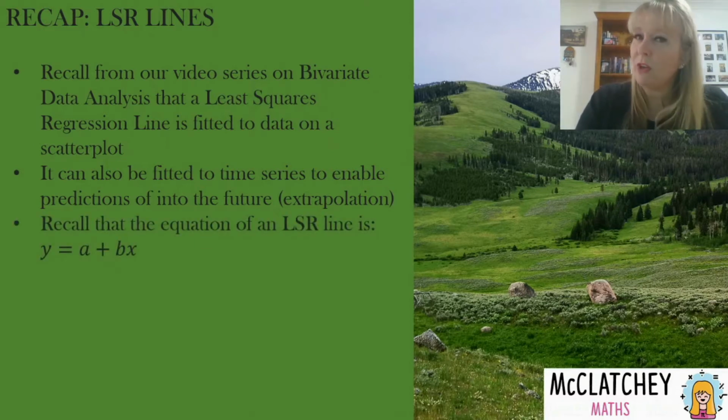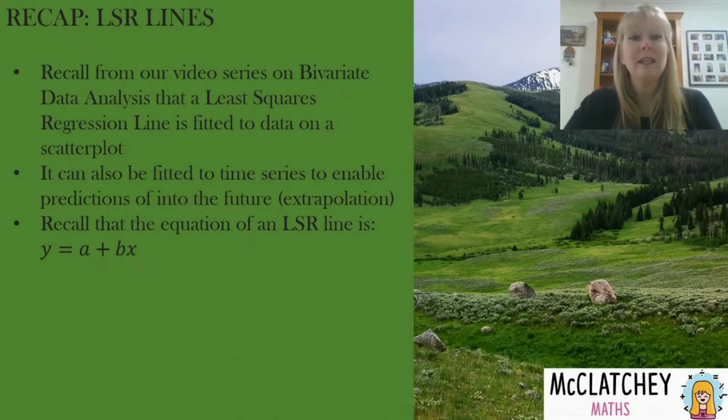Okay, and you would also recall from our previous videos that the equation of a least squares regression line is y equals a plus bx. If you are joining us from South Australia, they do use a different formula there for the least squares regression lines. They go with y equals ax plus b. It's not a big deal what your variables are, but it's important to note that if you're using a Texas Instruments calculator, it follows the South Australia equation, not the equation that we use here in Queensland, Western Australia and Tasmania.